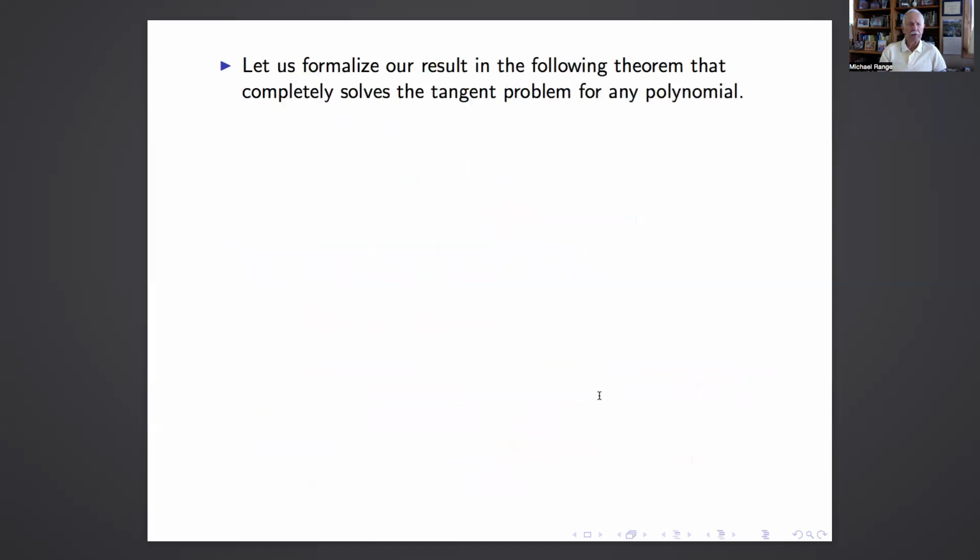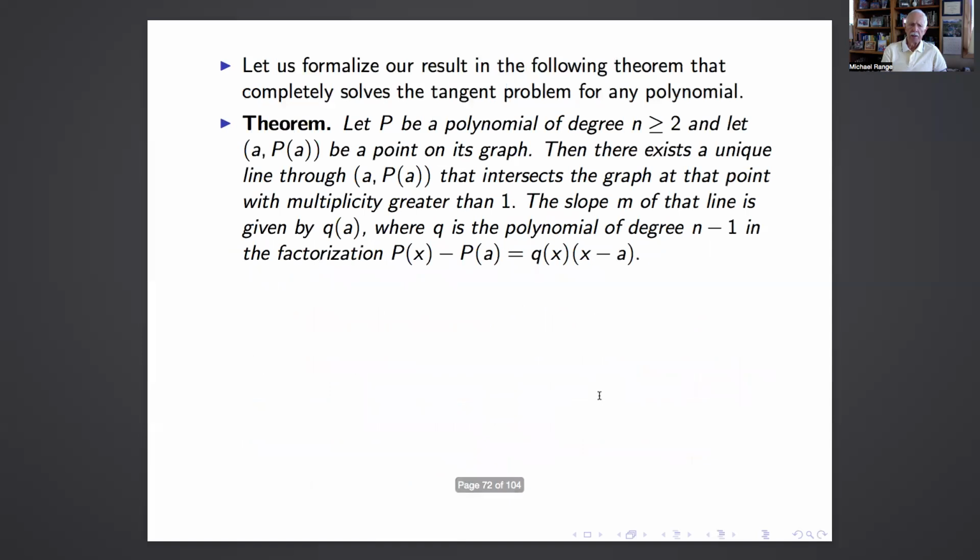Let us formalize our result in the following theorem that completely solves the tangent problem for any polynomial. So the theorem just repeats what we just did. Excuse me for repeating, but it's such an important result. Let's take a polynomial p of degree n greater than or equal to 2, otherwise we would just have a line. And let a, p of a be a point on its graph.